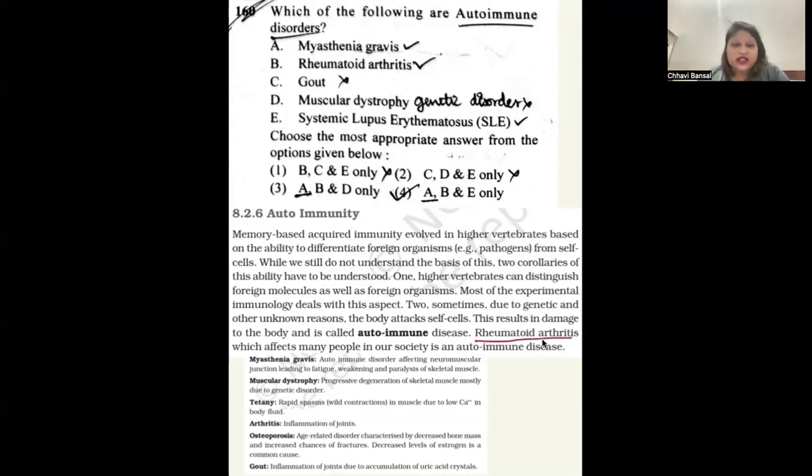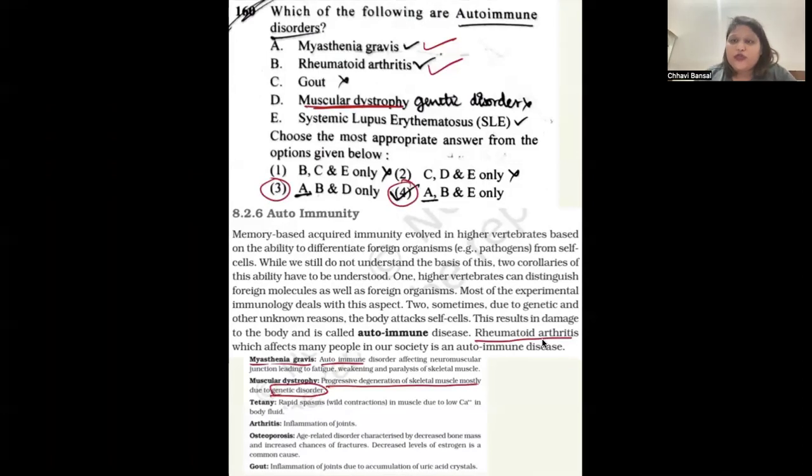Then if you see the other examples, myasthenia gravis is also an autoimmune disorder. It means option A and option B are correct, right? Let's see in the list. So options 3 and option 4 can be the correct answer. Now let's see the D option, muscular dystrophy. Muscular dystrophy is progressive degeneration of skeletal muscle, mostly due to a genetic disorder.